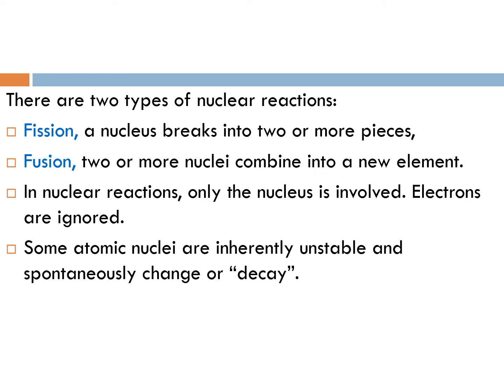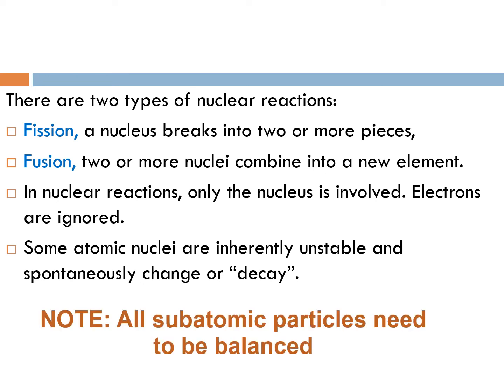So you have a large, unstable nucleus that's going to break into smaller nuclei. Fusion is the process of combining two small nuclei into a slightly larger one, a new element, and that's what provides the energy in stars. As I said, we don't really have to worry too much, because the only thing you need to worry about is radioactive decay.